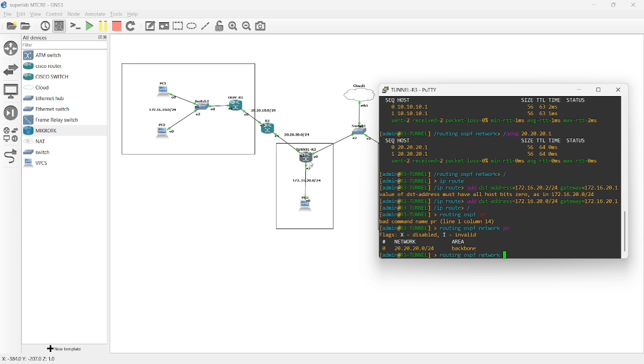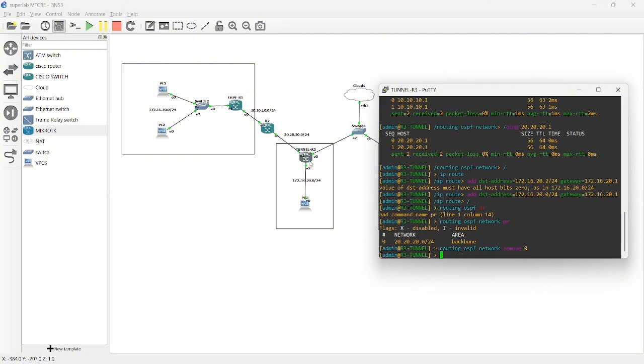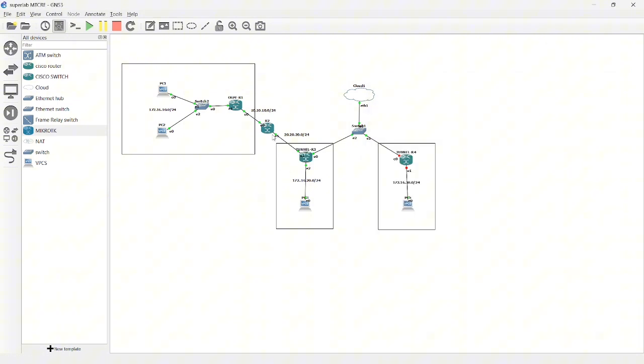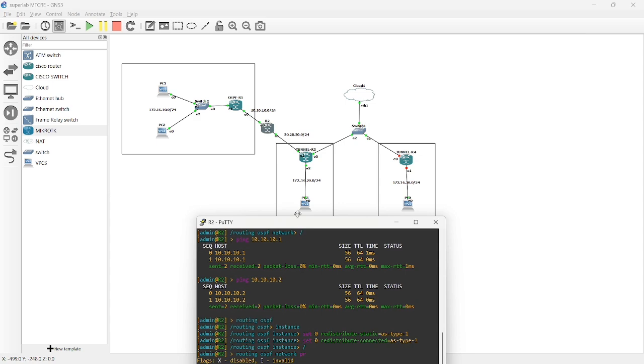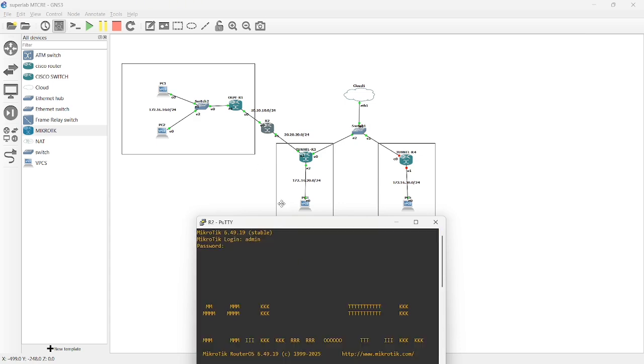Okay, routing OSPF network print, and this is the right configuration.